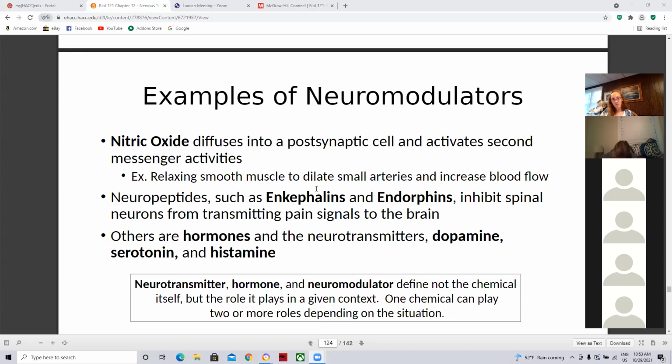Viagra increases nitric oxide levels. Neuropeptides such as enkephalins and endorphins inhibit spinal neurons from transmitting pain signals to the brain.